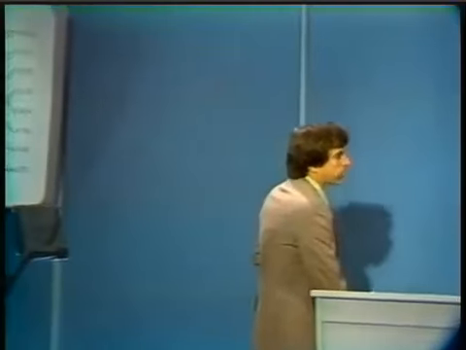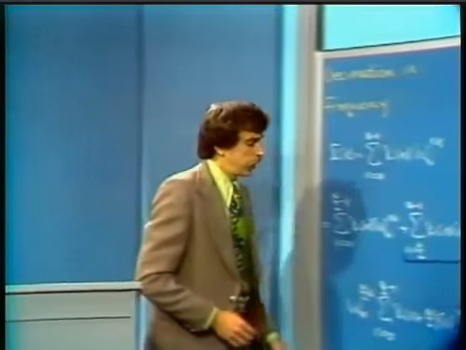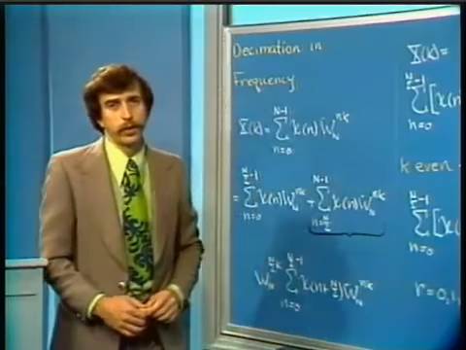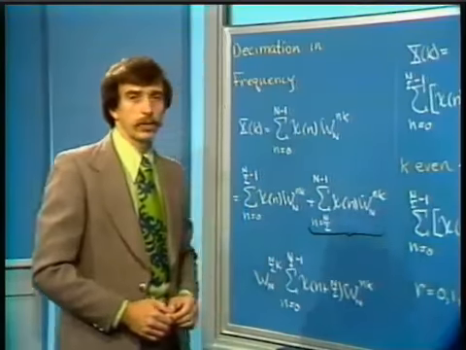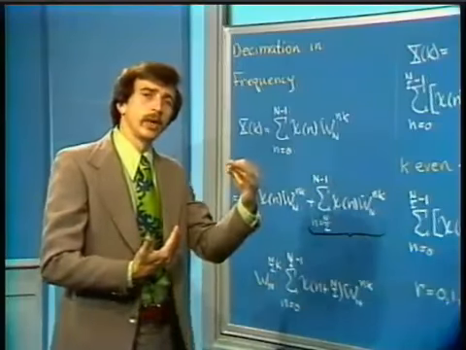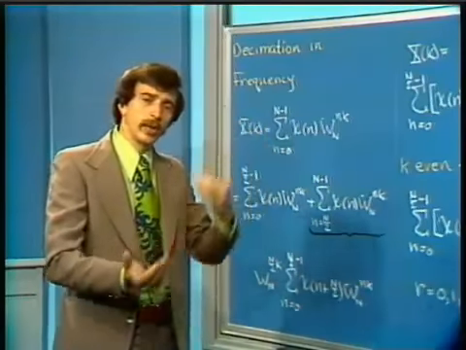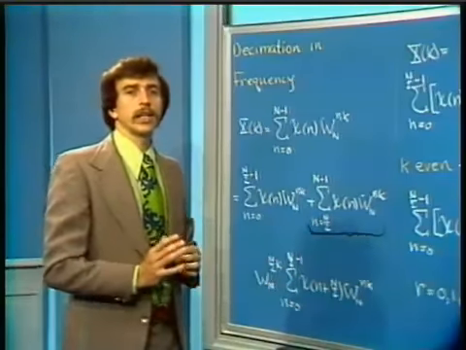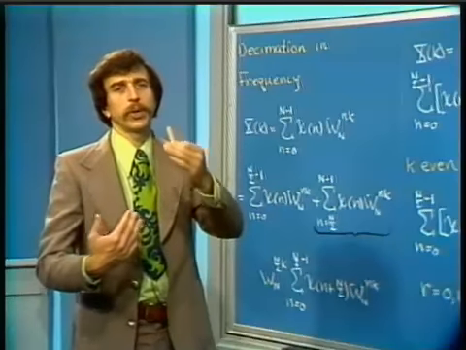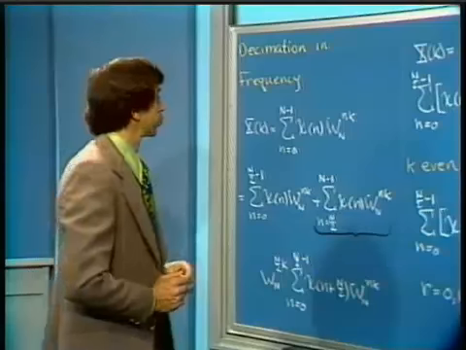Well, in particular, the notion in deriving the decimation in frequency forms of the FFT algorithm is essentially, rather than breaking the input up into the even-numbered and the odd-numbered points, organize the computation so that we compute separately the even-numbered and odd-numbered output points.